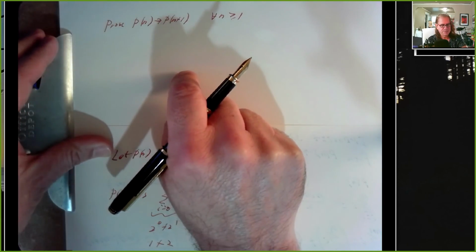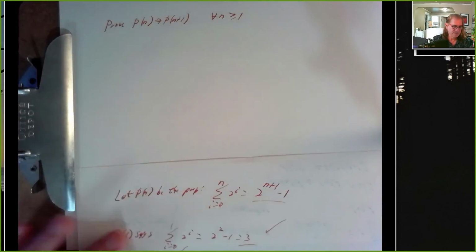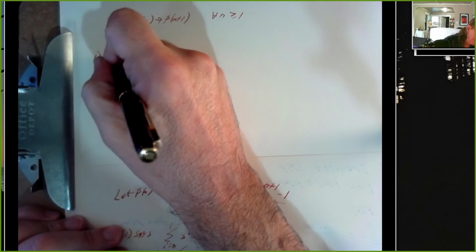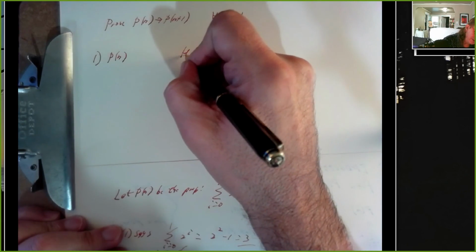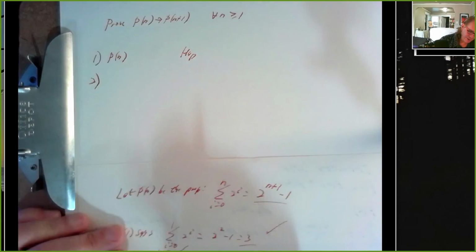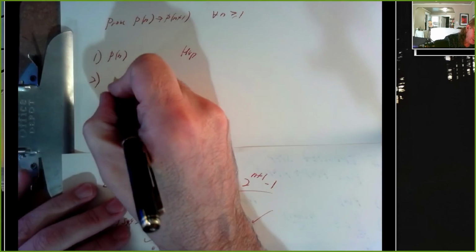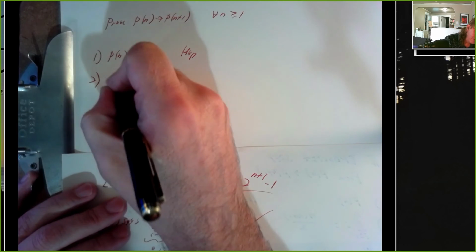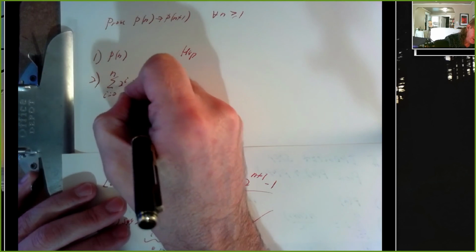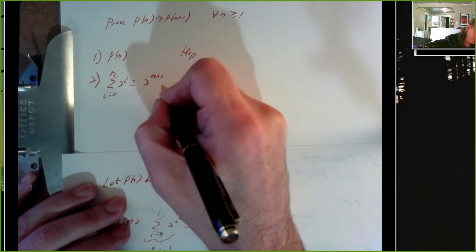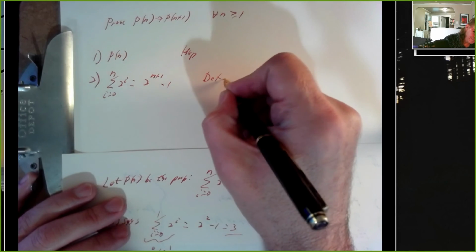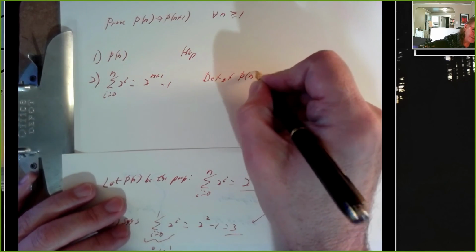Simpler statement. All right, step 1, P of n, that's the hypothesis. Step 2, I'm going to replace P of n with what it says, which is the sum from i equals 0 to n of 2 to the i equals 2 to the n plus 1 minus 1. That's the definition of P of n.